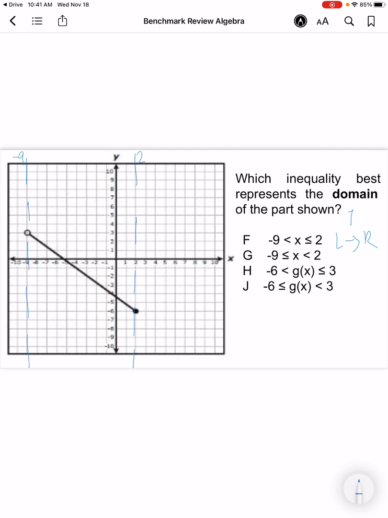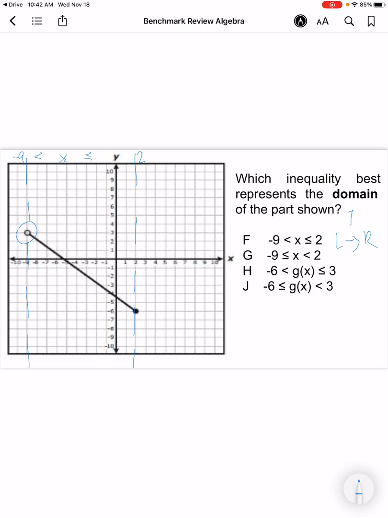and +2. Now, what's important is what kind of dot I have. If you look here on the left, we have what's called an open dot. An open dot means that our symbol should only be less than. In the middle, because its domain is x. And then on the right, we have a closed dot. If we have a closed dot, it is less than or equal to.